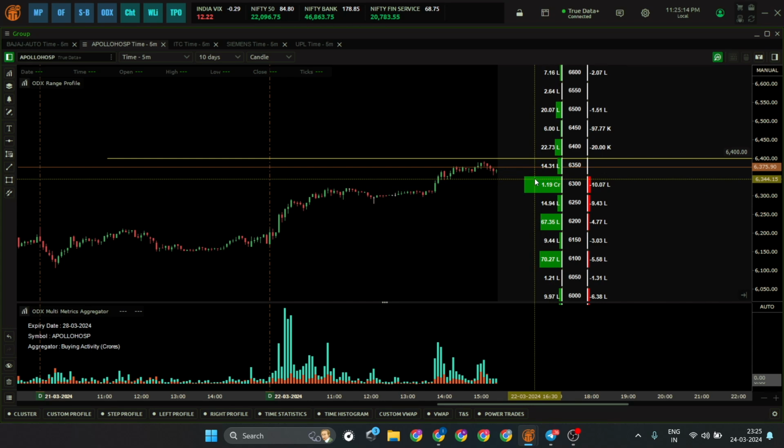But the biggest challenge using this ODX range profile, which is dead easy if I say, is stock selection. So how do you select the stock? Majority of the screeners show after the rally completes, right? But for this we do not have any sort of screener in the quant tower, and we don't even have a screener in ODX.